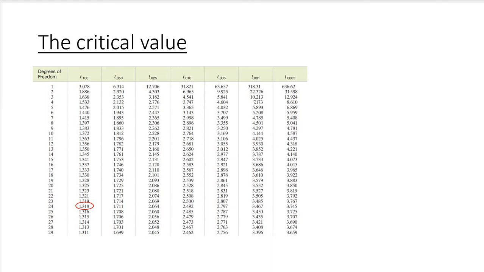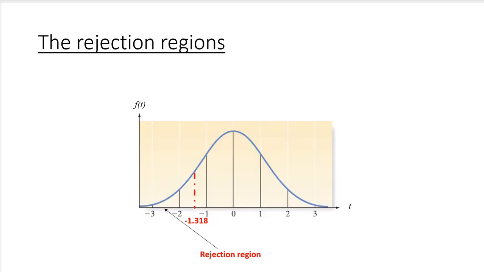So the value is the same, although our rejection region will be located on the left-hand side of the distribution. Here we have only one rejection region, and this rejection region is everything to the left of negative 1.318.